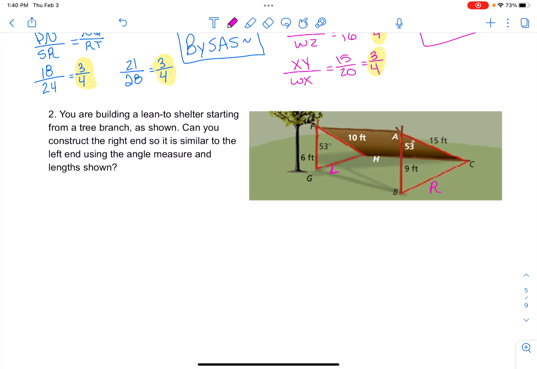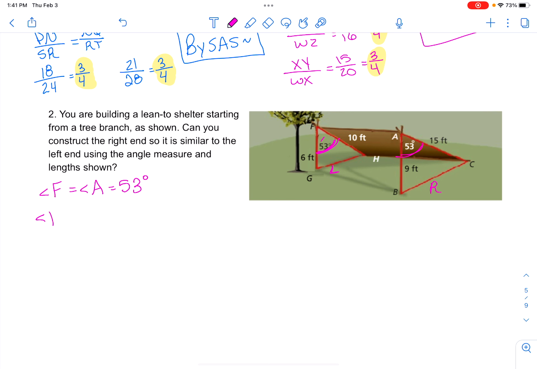So notice right away that it's kind of hard to tell actually, but this angle 53 is angle F and angle A. So angle F equals angle A, which is equal to 53 degrees.